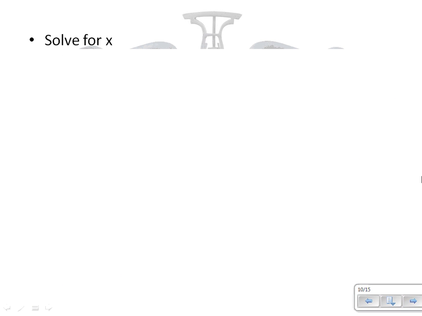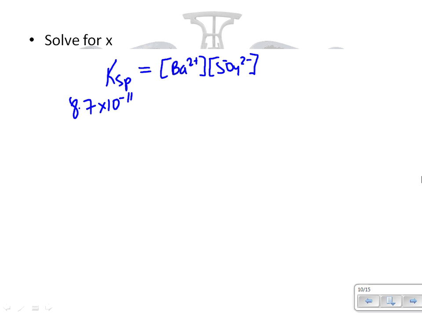So I know my KSP for barium sulfate is going to be my concentration of barium ions times my concentration of sulfate ions. And I gave you the KSP value of 8.7 times 10 to the negative 11. So that's going to be, my barium was X, and my sulfate was 0.250 minus X. But again, we dropped that because X is going to be so small.